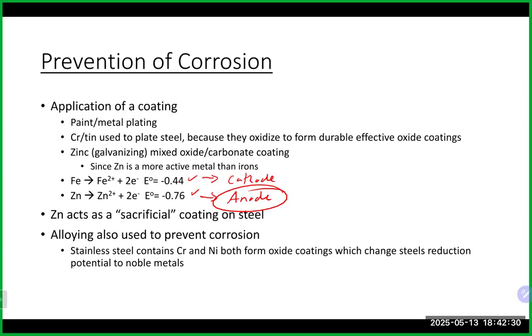It's acting, as it says up there, as a sacrificial anode, preventing further corrosion from occurring. Stainless steel contains some chromium and nickel that form oxide coatings and basically give it a noble metal potential. That's like a noble gas or noble metals, which makes it pretty much unreactive, right? And chemically inert.